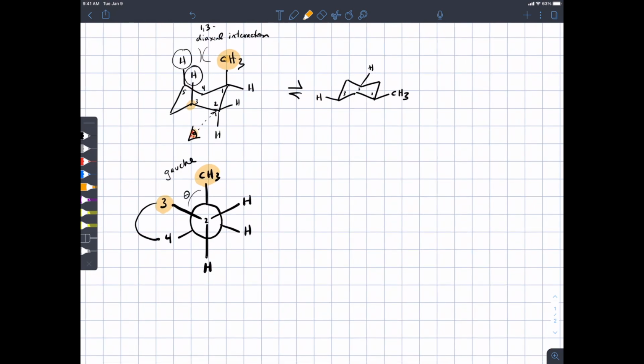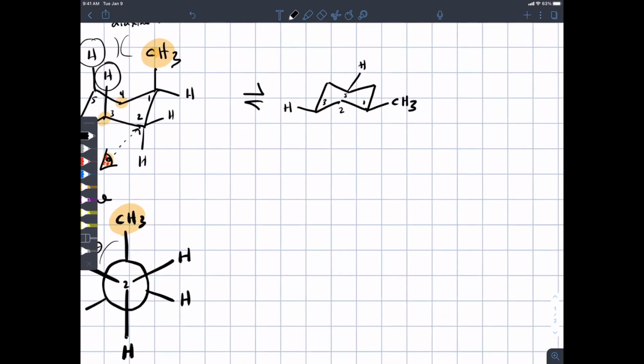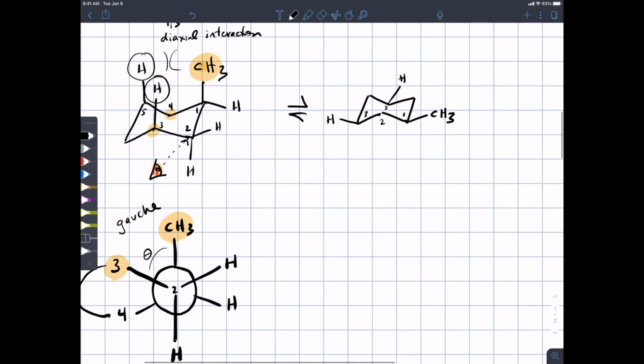It's attached to carbon 2. There's a gauche relationship. Now, it turns out that we would see the same thing if we looked down the bond between 4 and 1. We would see that there's another gauche interaction as we look down that bond. Now this is going to be tough. Let's start with the equatorial conformation, and let's again look down the bond between 2 and 1.